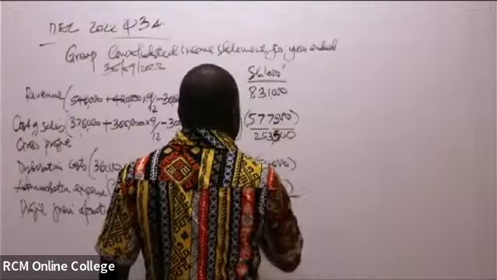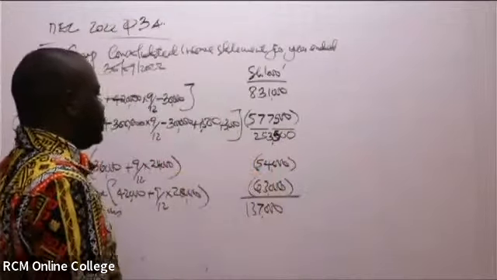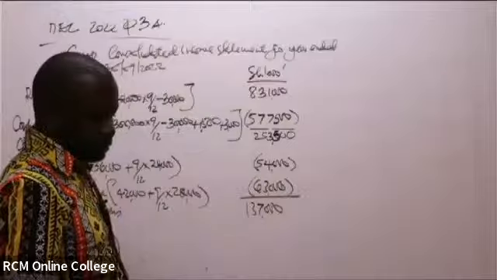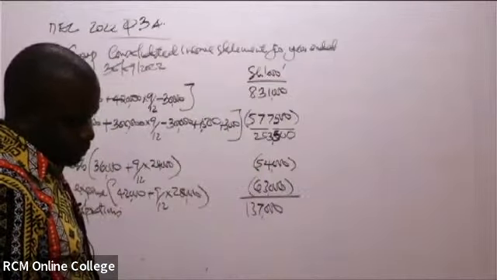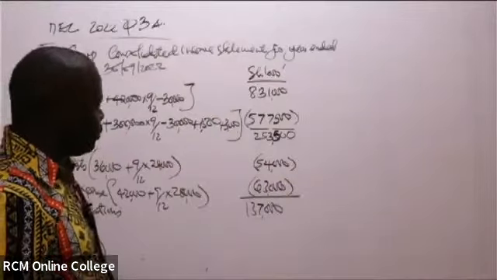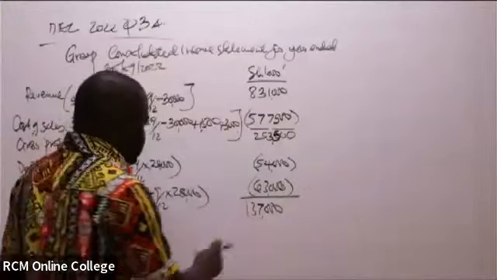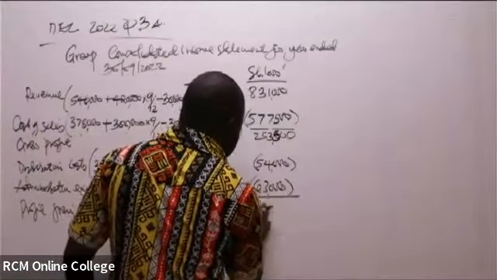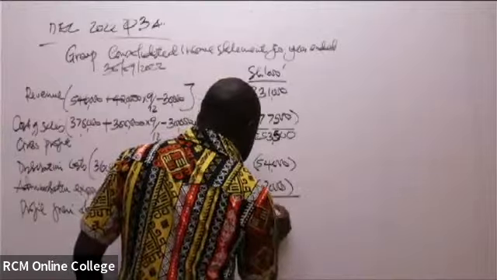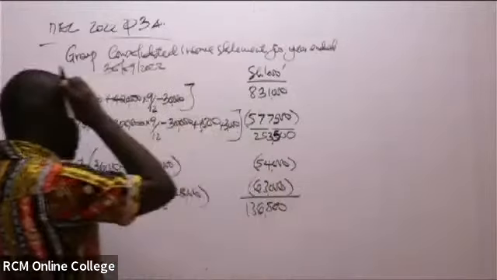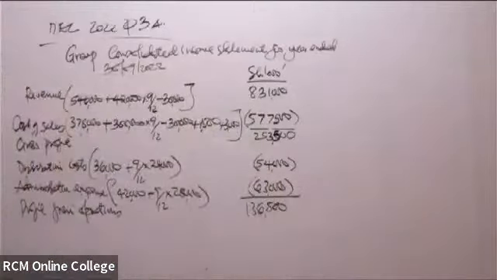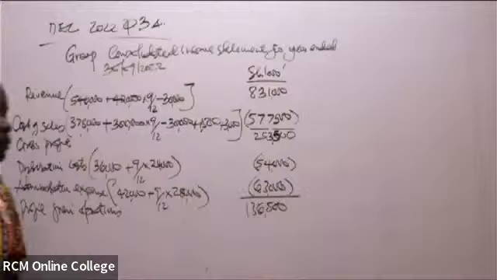You can correct 253,500. It means this one will also change. It will be 136,500. So we are lessening 500 throughout. 136,500. So I think that is what will happen.